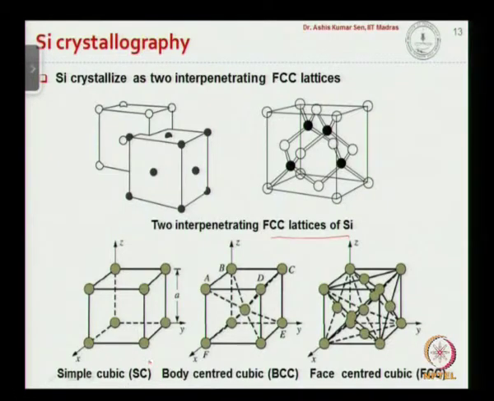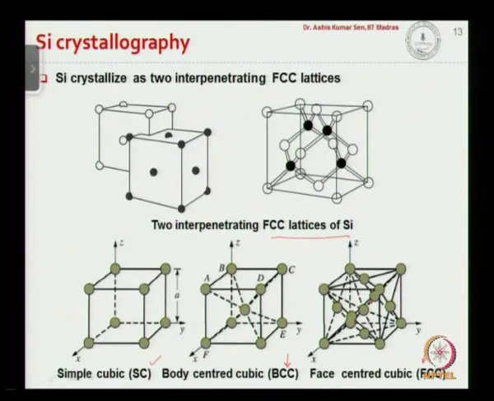This is the simple cubic lattice structure, where we have atoms present at the different corners of a cube, and in body centered cubic we would have atoms at the corners of a cube, and additionally an atom at the center of the cube. In face centered cubic we would have atoms at the corners as well as at each of the faces of the cube, and we will also have one at the center.